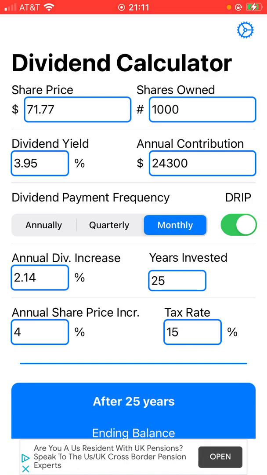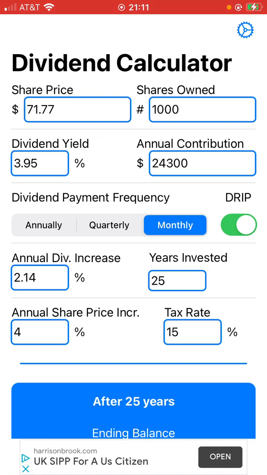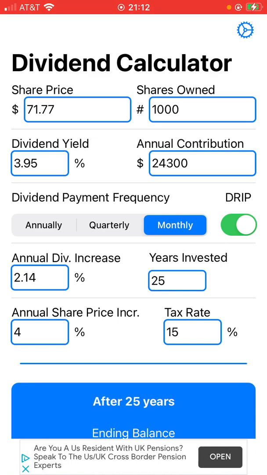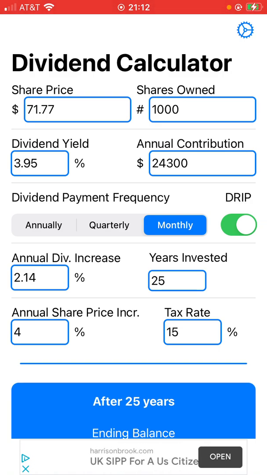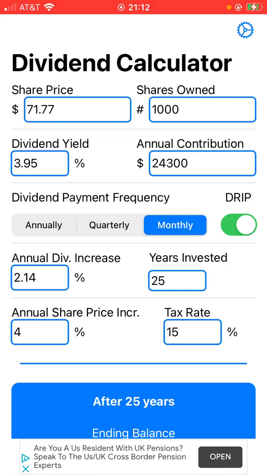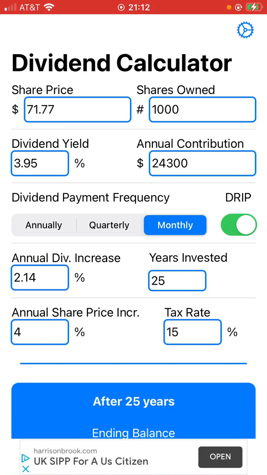Okay, if we look at the dividend calculator, O right now is standing as of Friday's close of the market at $71.77. If you own 1,000 shares of that, you pretty much know you'll be starting off pretty good, somewhere in the 70,000s, with your portfolio.